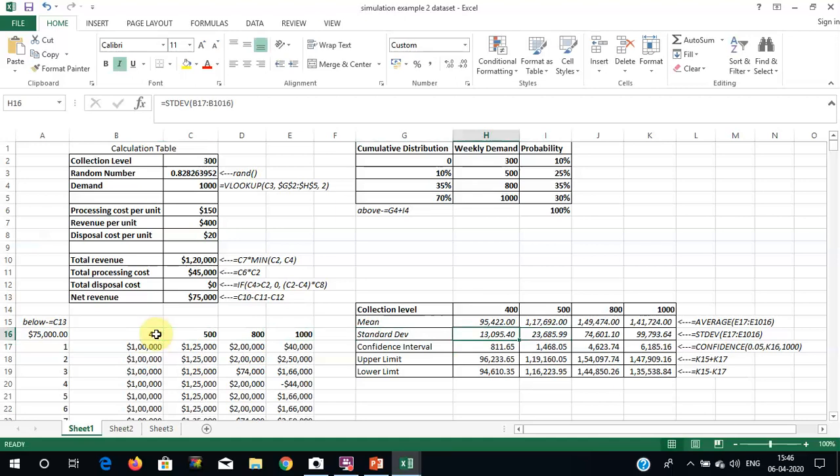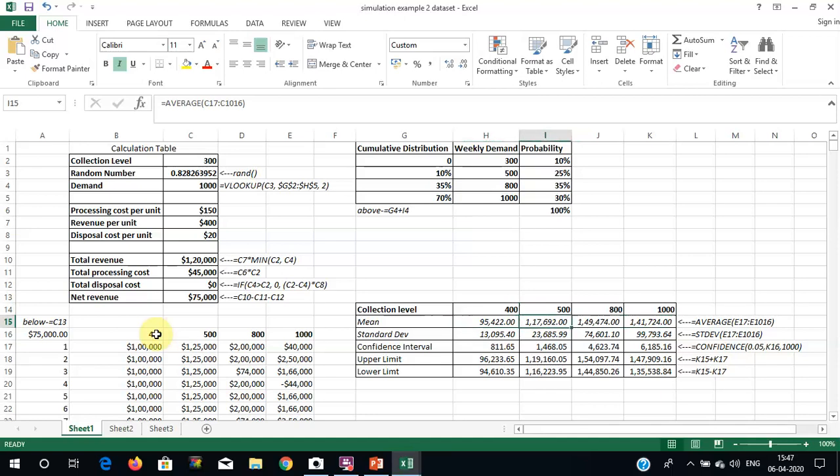So you can see different scenarios. I'm running 400. Suppose I set the collection level as 400. I can select it as 400, 800. So within each of these scenarios, the mean of the net revenue at 400 collection level policy is approximately 95.4k.